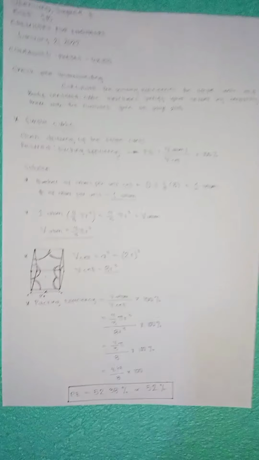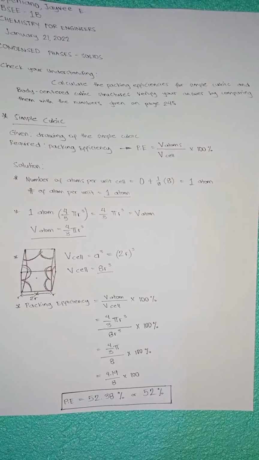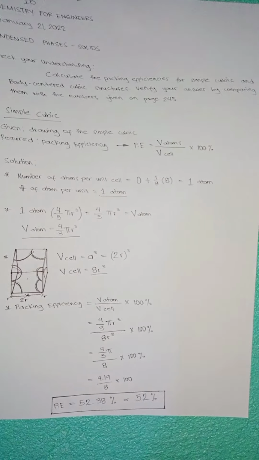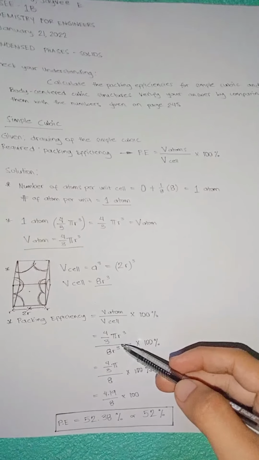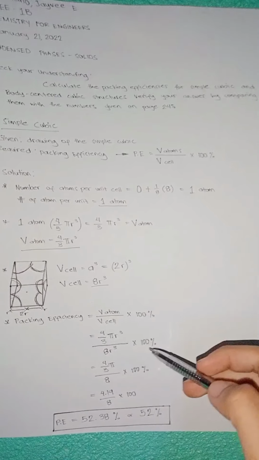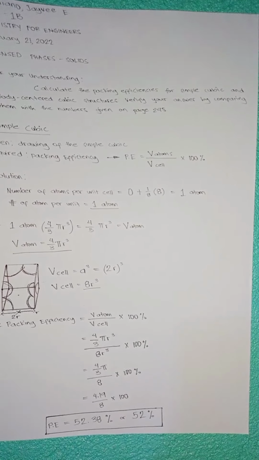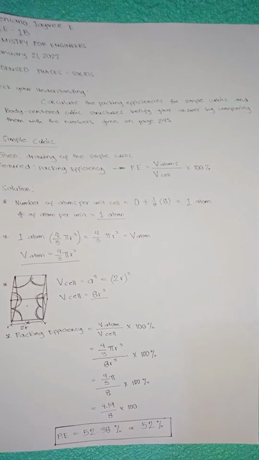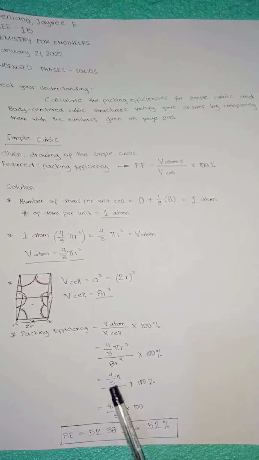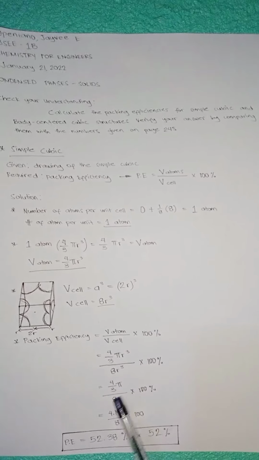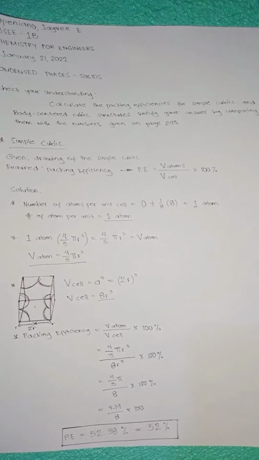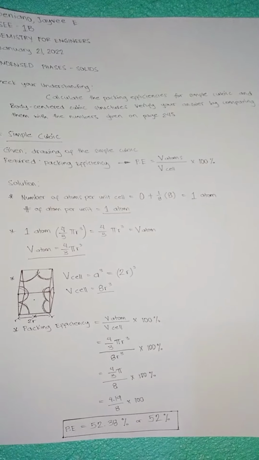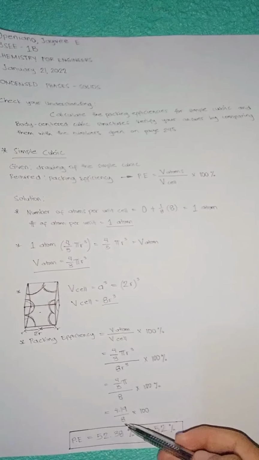Volume of atom divided by volume of cell times 100%. By substitution, we have 4 over 3 pi r cubed divided by 8r cubed times 100%. Both numerator and denominator have r cubed, so we can cancel that, and now we have 4 over 3 pi over 8 times 100%. 4 over 3 times pi is equal to 4.19, divided by 8 times 100.